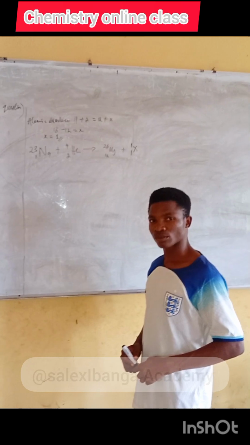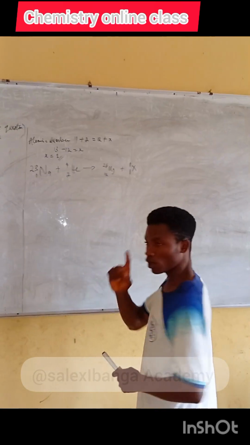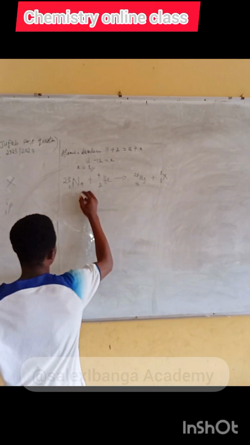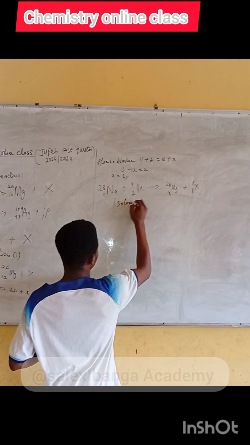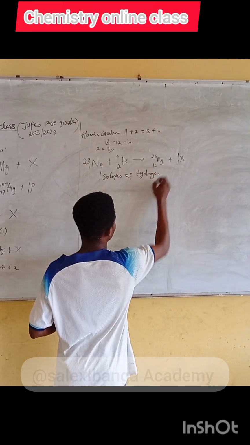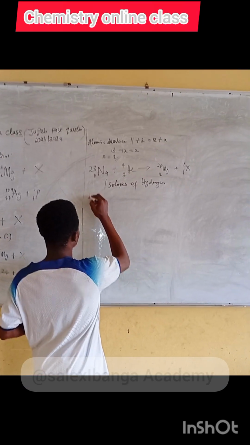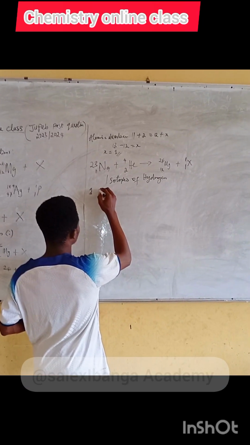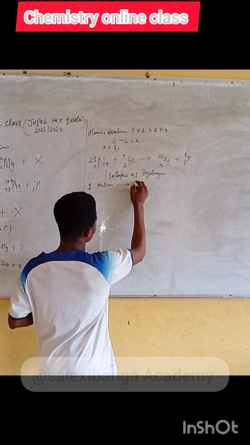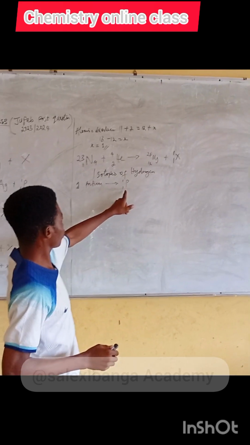You can recall the isotopes of hydrogen. Number 1, we have protium, which is given as 1, 1p.